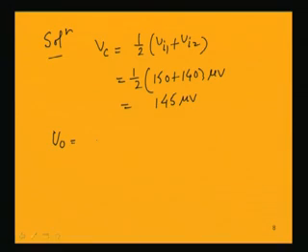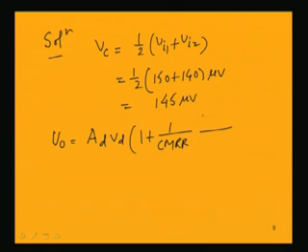So, we can find out now what will be the output voltage V naught. According to the expression which we know, Ad into Vd into 1 plus 1 by CMRR into Vc by Vd, every component of this expression we know now, we can plug in. So, what is Ad? Ad is equal to 4000.